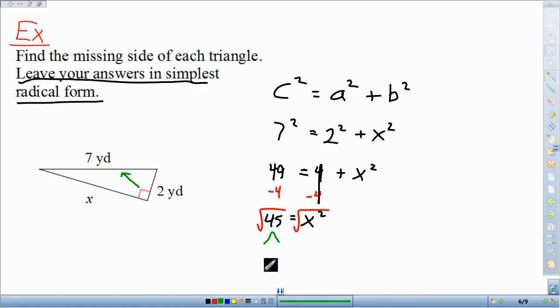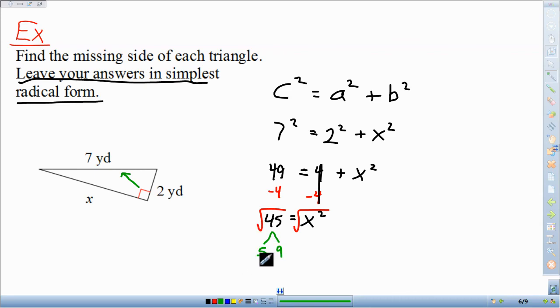There's multiple answers to that question, but you can do whatever comes to mind first. What comes to mind for me is I know that 9 times 5 is 45. So those are my two numbers. By the way, when you break these numbers down, I suggest putting the smaller number on the left and the bigger number on the right. So 5 times 9 gives me 45.